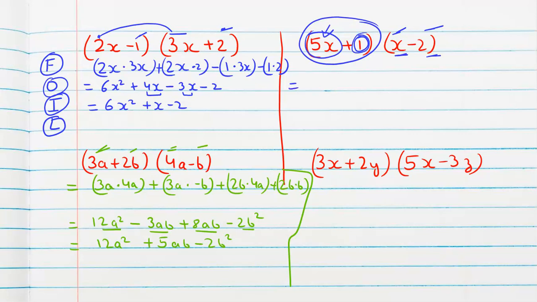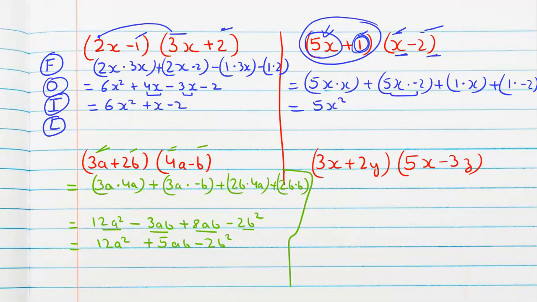So 5x will multiply with x and -2. 5x times x plus 5x times -2. That is also one way to do it. Or the last one is 1 times x plus 1 times -2. Now we will simplify them. This is 5x squared.